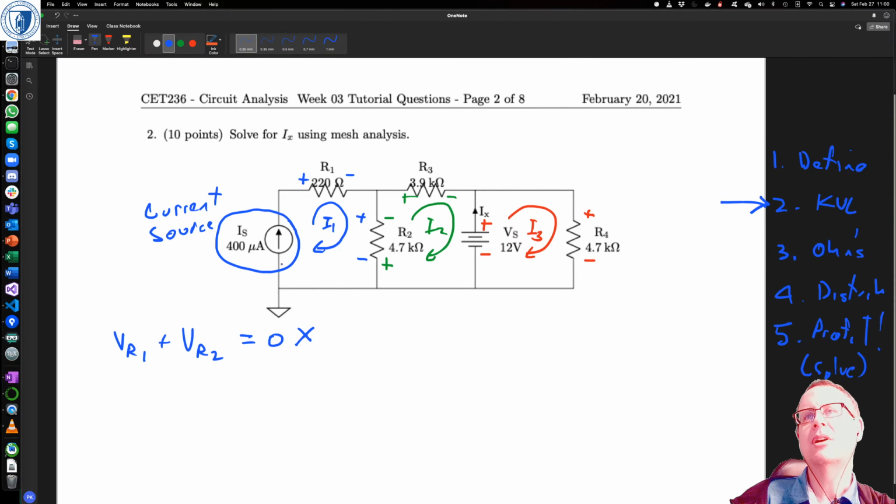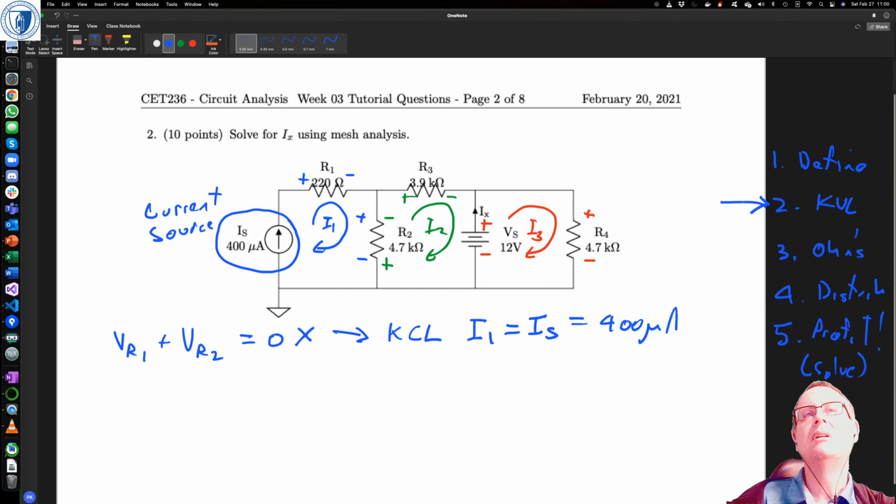However, it's a current source and there's only one mesh current going through it. So what we can do is write a KCL equation that says effectively just I1 equals IS. So that means we immediately know that I1 is 400 microamps.